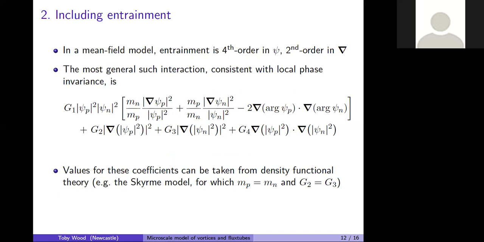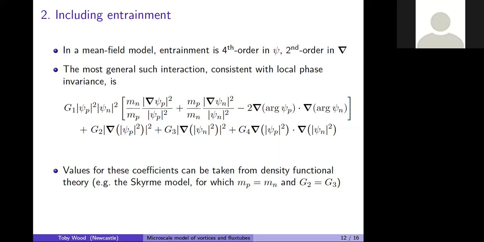The answer is this. There are 4 free parameters, which I've called G1 to G4. In principle, there's no reason why you shouldn't have all of these. In practice, of course, it's a real ugly mess, and that's why people don't do this. But there's no sound justification for keeping one of these and throwing the others out.